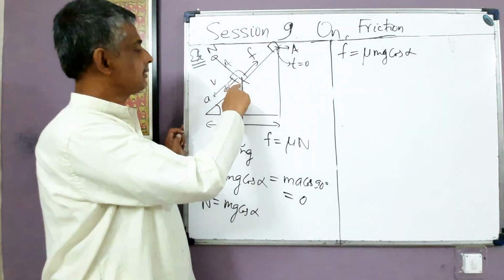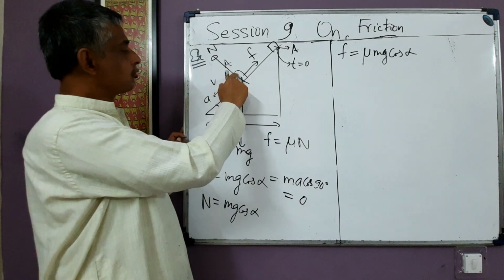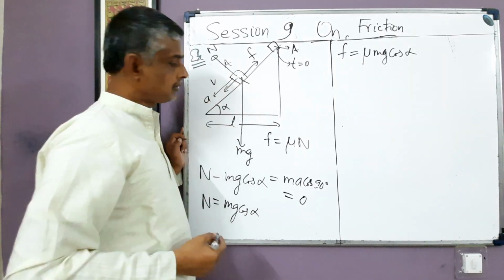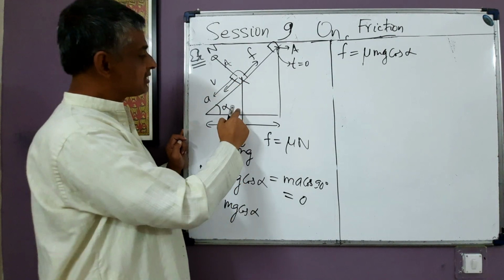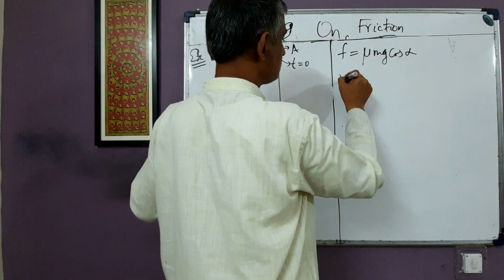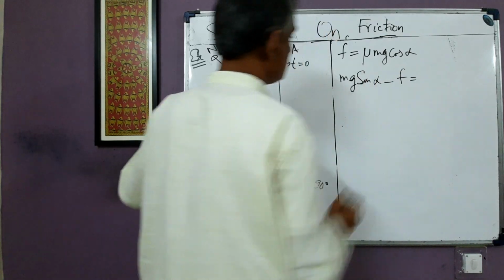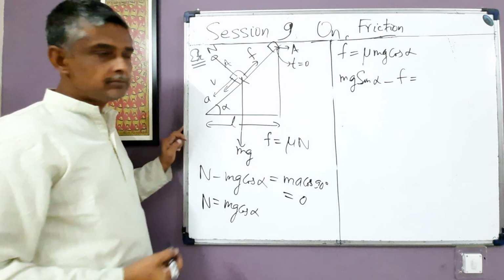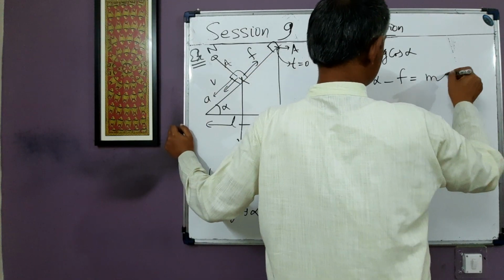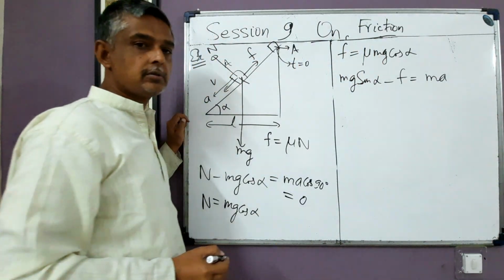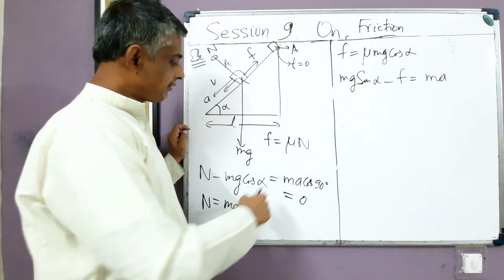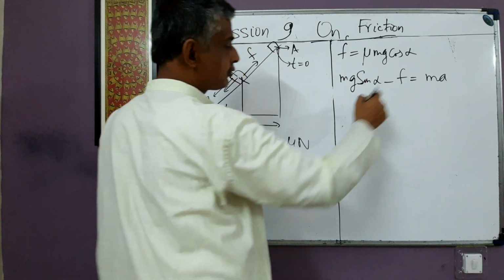Now I apply Newton's second law to the block with respect to the ground down the incline. The net force down the incline will be mg sin alpha minus F. This is equal to mass times acceleration a of the block. F, as we have determined, is mu mg cos alpha, substituted here.